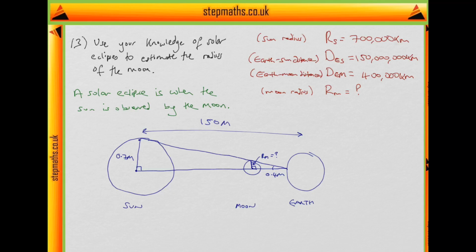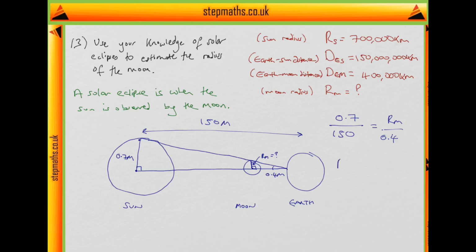We know from similar triangles that the ratio of this side to this long side here will be the same as the ratio of this side to this side. So we can write that down. We know that 0.7 over, we'll drop the m now, 150 is going to be equal to, the same here, r sub m over 0.4.